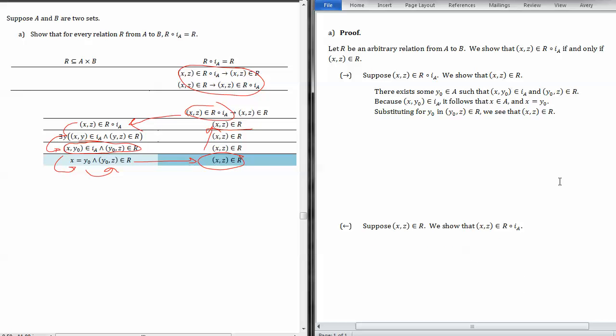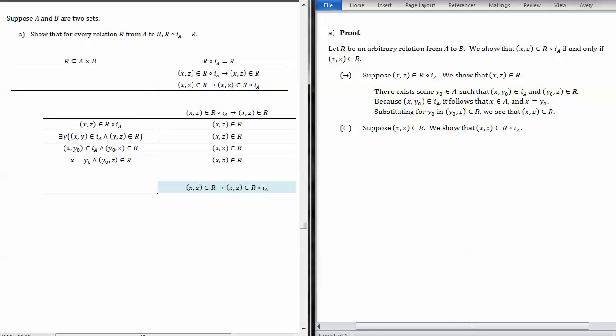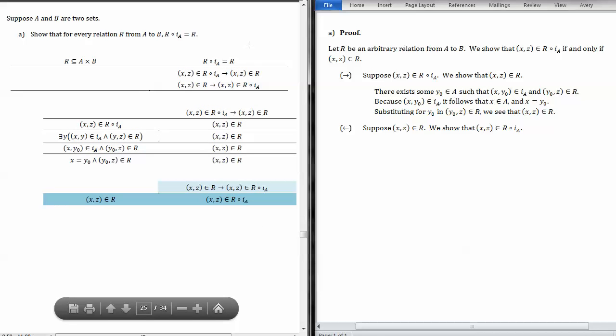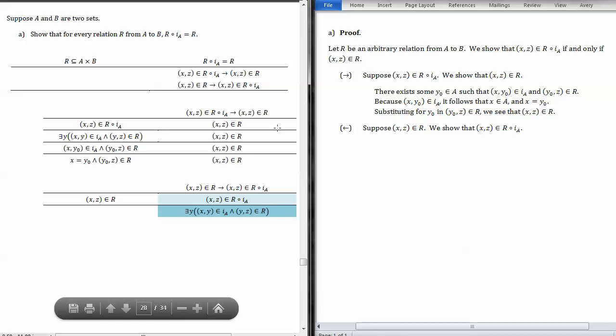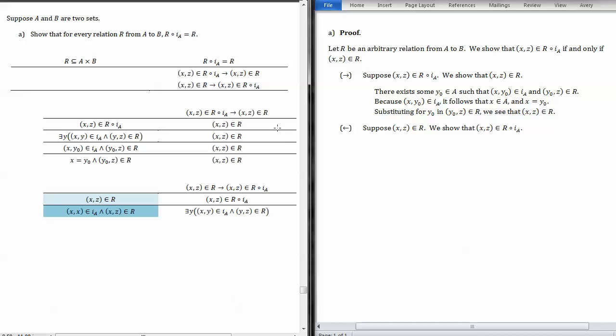Now for the other direction, let's go ahead and do the logic for it. So there it is. We start off with direct proof. And then this time we have the composition on the right side. So we write out the definition of that. There exists a y in the middle such that x, y is in I sub A and y, z is in R. And then for x, z to, oh, well, what am I doing here?